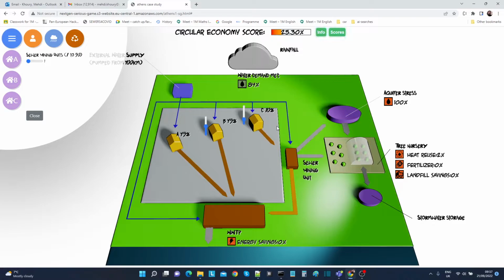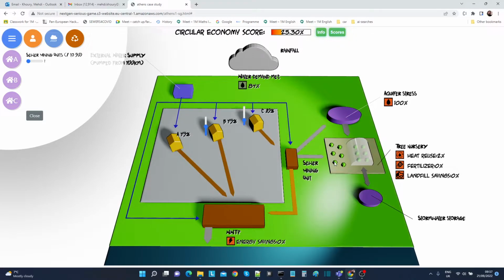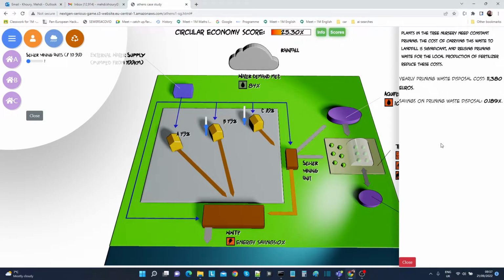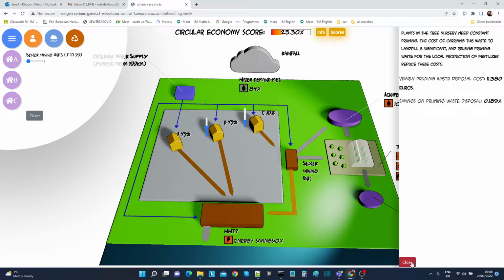So there's a limited amount of sludge that comes to the sewer mining unit, and therefore it's not able at the moment to do much heat reuse, and it's not able to produce much fertilizer or to save much on land pruning, on land saving for everything that's branches that you don't have to normally put to waste disposal.